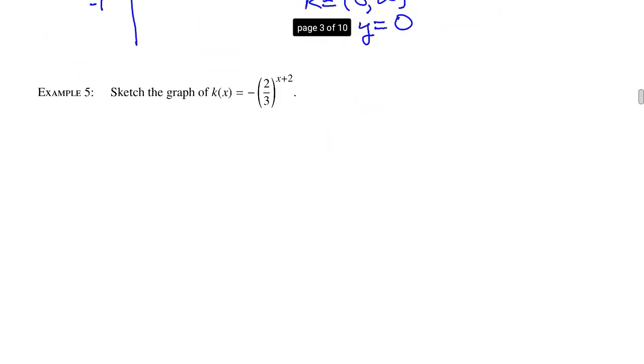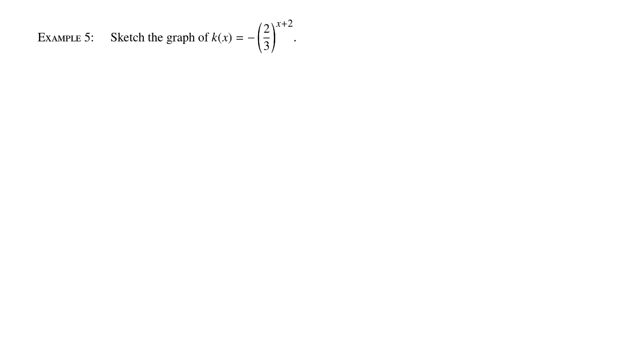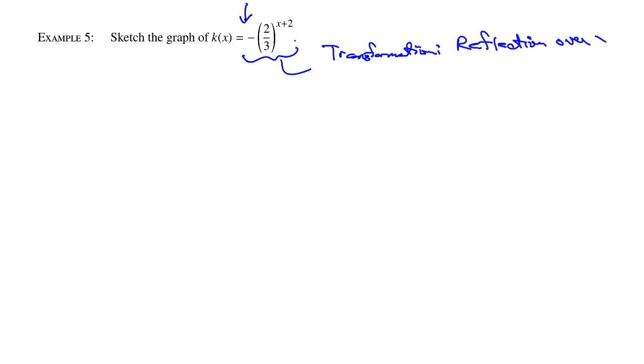Let's look at example 5. Sketch the graph of k of x is equal to negative 2/3 raised to the x plus 2 power. We have some transformations again. So our transformations are, the negative in front is a reflection over the x-axis.